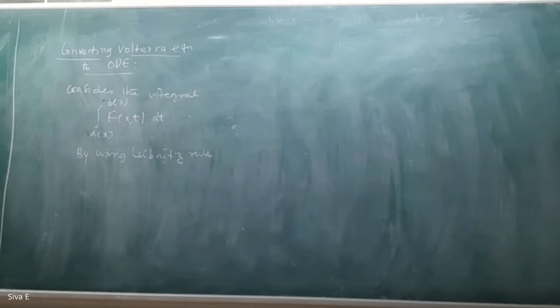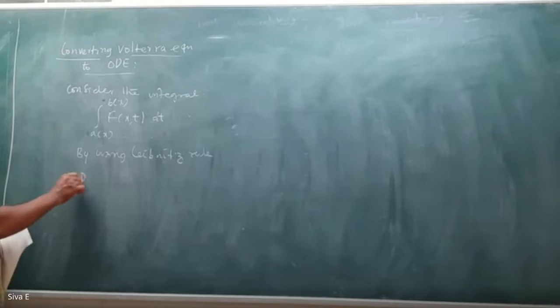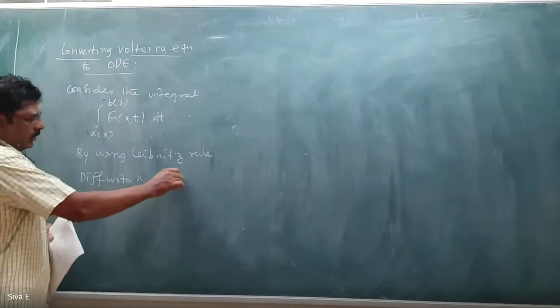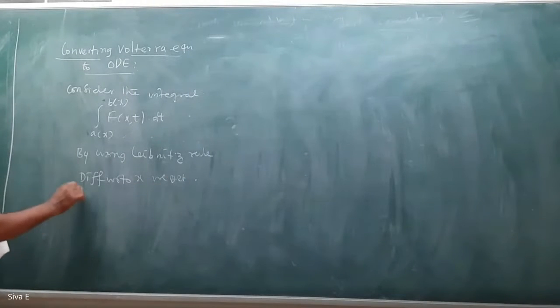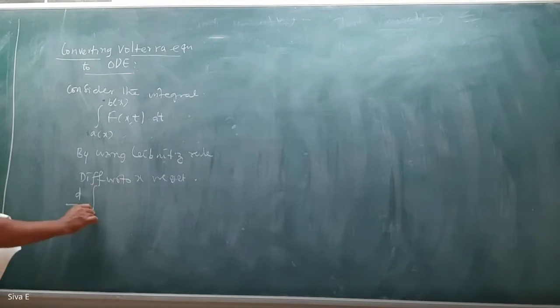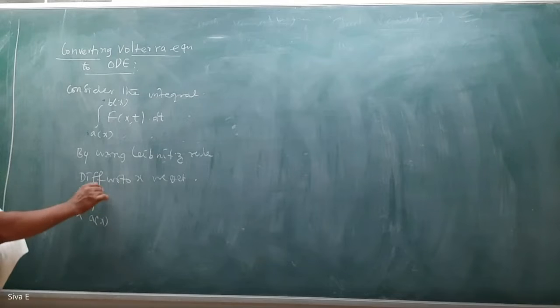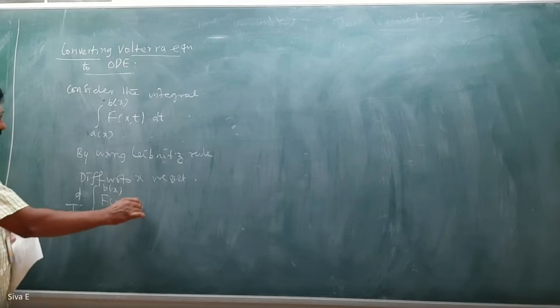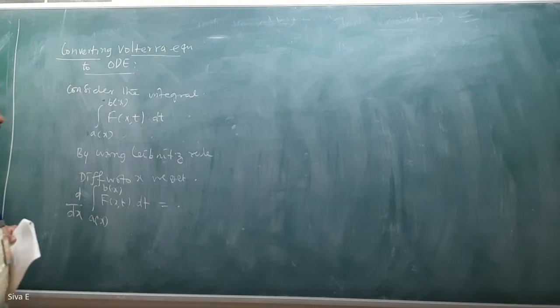By using Leibniz rule, differentiate with respect to x. We get d by dx of integral over a of x to b of x, f of x comma t dt, that is equal to what?